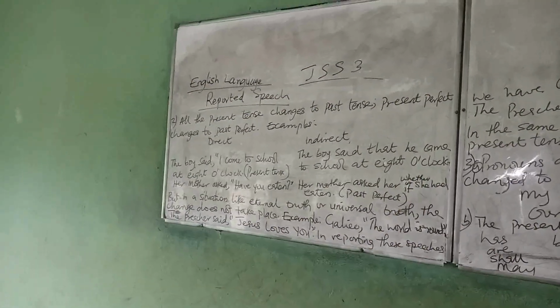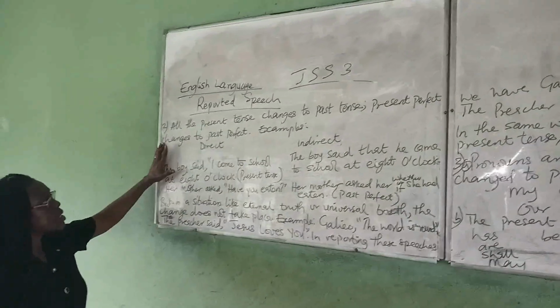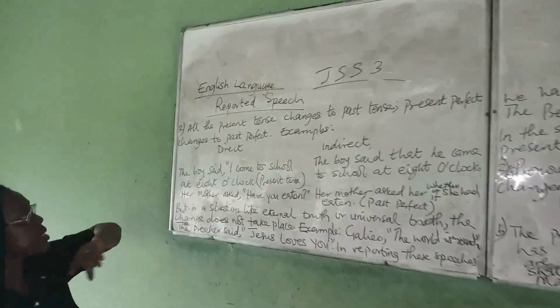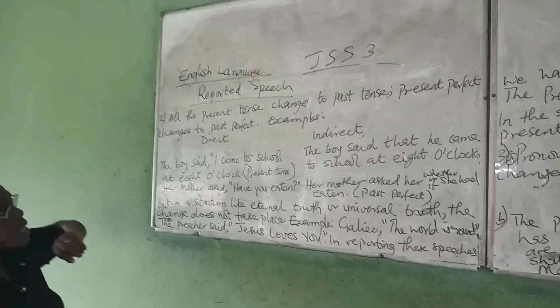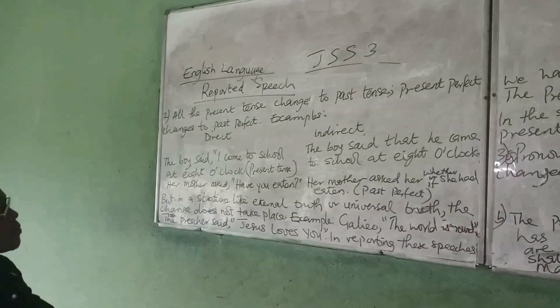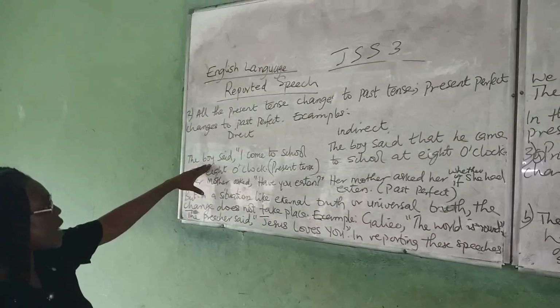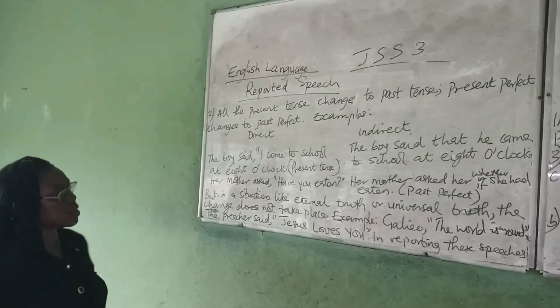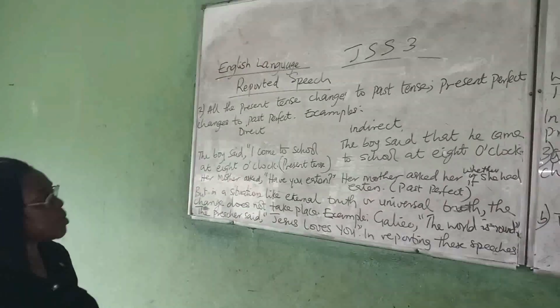In reported speech, we have a lot of changes. You have, for instance, all the present tense changing to past tense, and present perfect changing to past perfect. I have an example here. The boy said, "I come to school at 8 o'clock." This is in the present tense, probably the simple present.